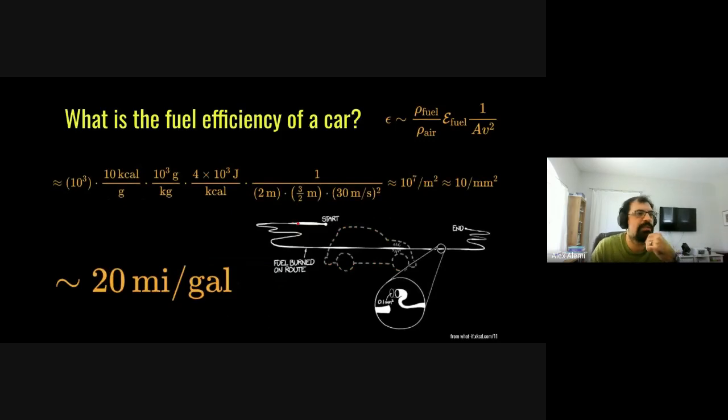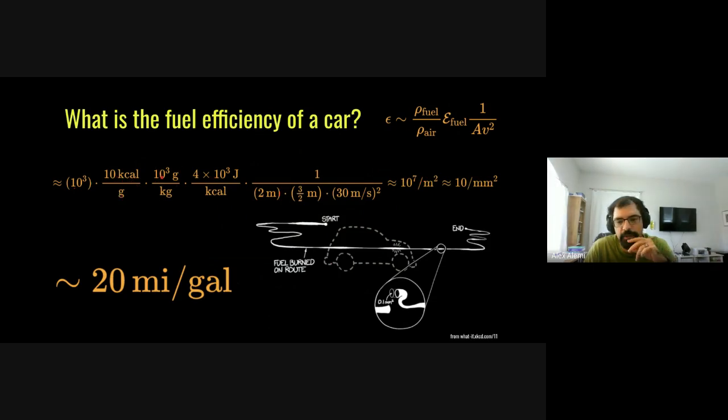We stick all these numbers together. Fuel is like water compared to the density of air, and water is 1,000 times the density of air. We talked about that last time, so we get a factor of 1,000 there. The energy density of fuel, if fuel is like butter, gives us 10 kilocalories per gram. We need to turn that into SI type units, so we need to go from grams to kilograms.